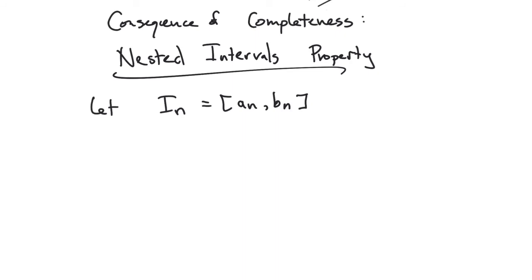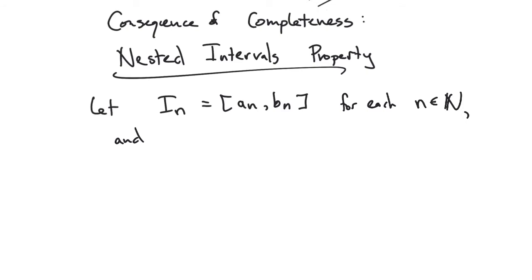Each of these has 2 endpoints, right? And I'm going to consider them to be all closed intervals. And we're going to take infinitely many of them. So there's an I1, an I2, an I3, etc., all the way up, all the way down, all right? And that's a bunch of intervals.